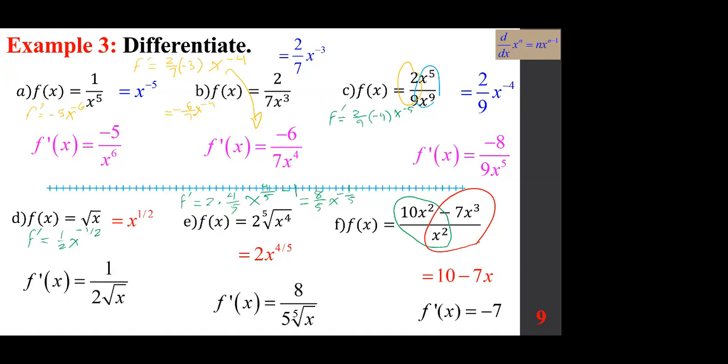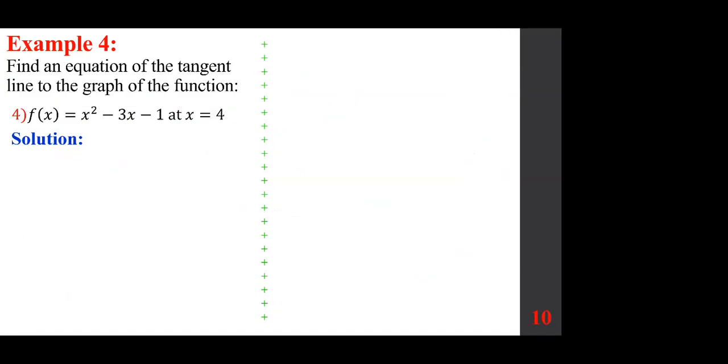All right, so we've practiced a lot with various types that become power rule, okay? We want to find an equation of a tangent line. We've seen this many times before. The difference is now we're going to use the rule and it makes life easier. Let's do that. We need two things, everybody. First, we need a pair. 4 is given. What is the y coordinate?